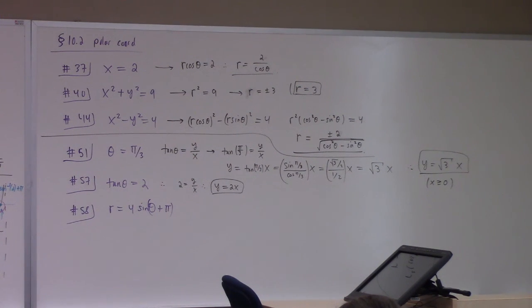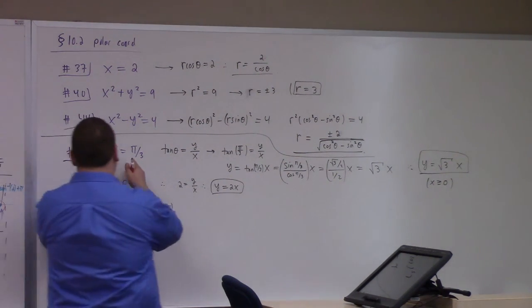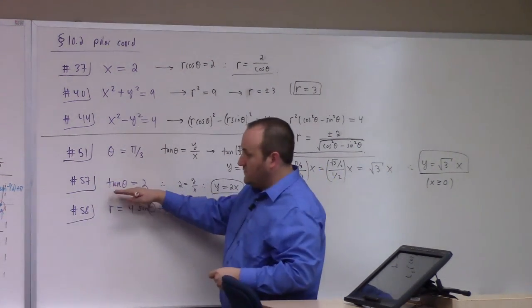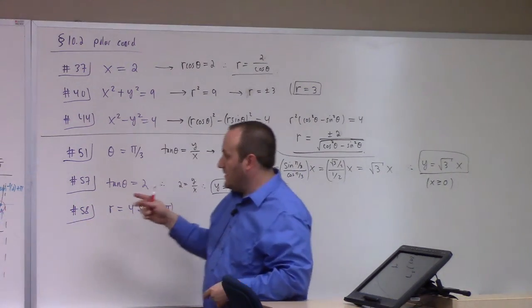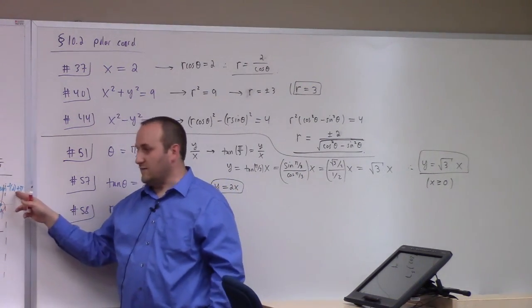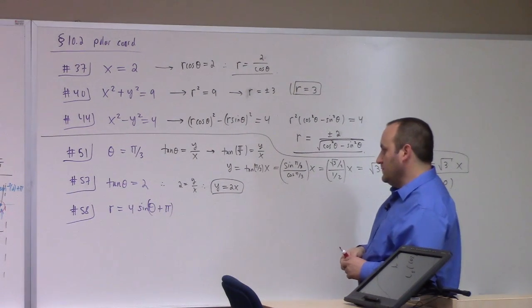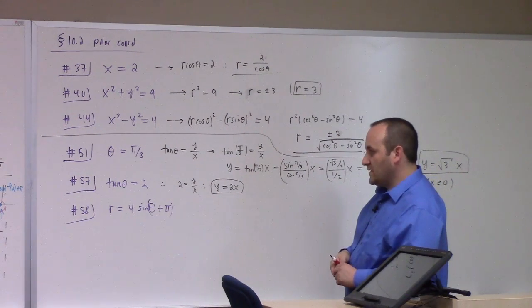Pi radians, it's the opposite side, and so that's where the other half of the line comes from. So it's actually quite different. Theta equals pi over 3 is a ray. Tangent theta equals 2 is a line, because it includes two rays: the ray at inverse tangent of 2 and also the ray at inverse tangent of 2 plus pi. So there's that. Any questions?